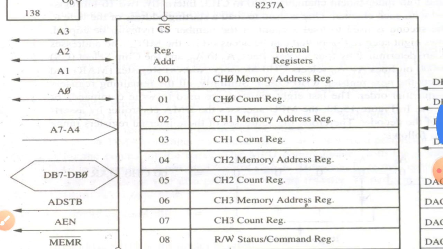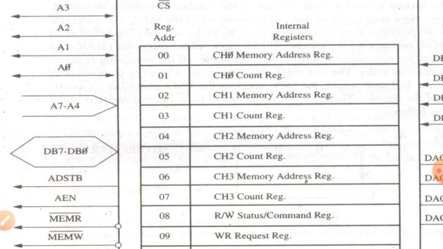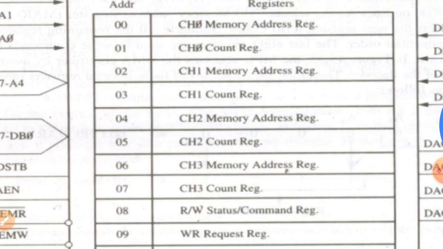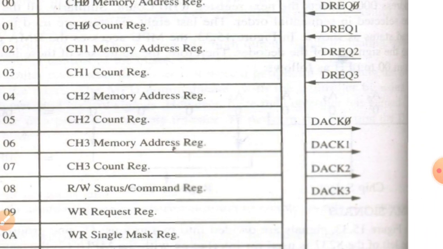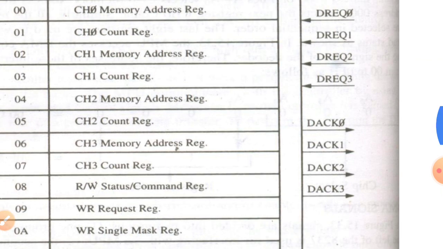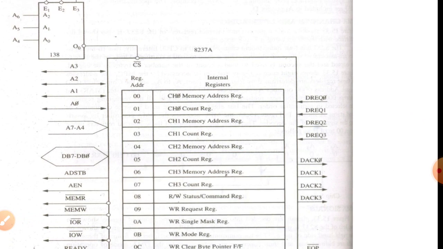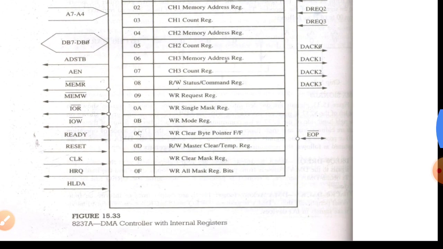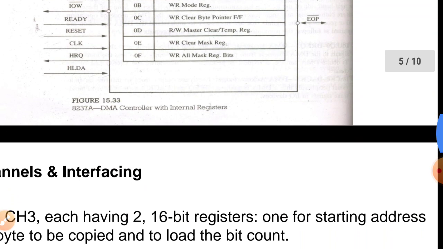Besides that, it has many memory registers, address registers, count registers, and there are certain control signals available on the right side of the block diagram as well as the left side of the block diagram. So we will discuss in detail all these signals.